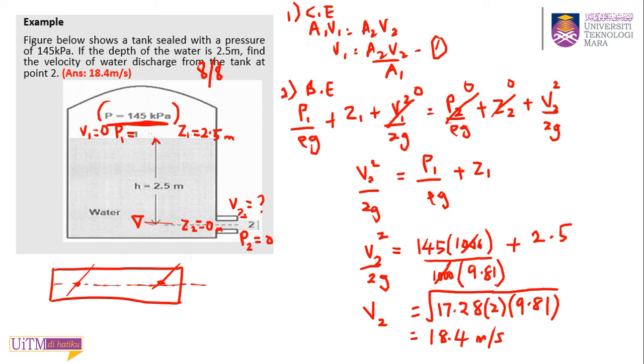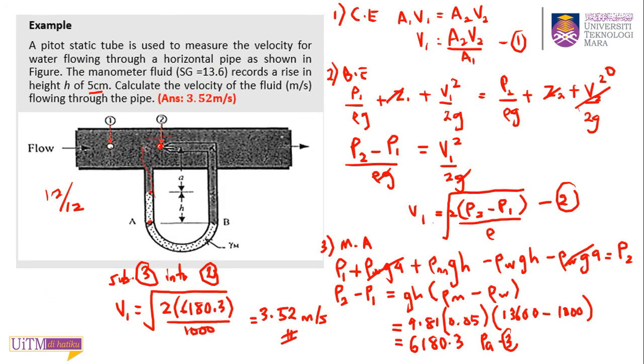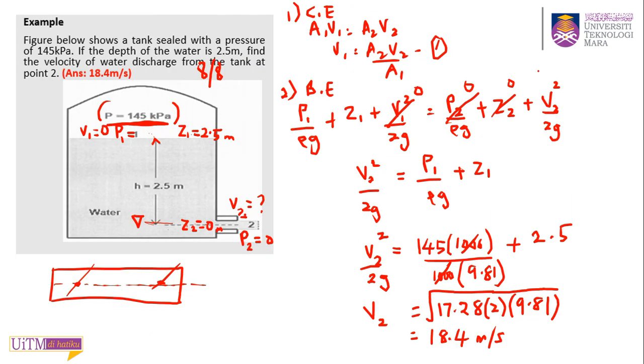Like in this example, z1 and z2 are the same elevation from the reference point. Any point will be the same height. So that means you can cancel out the z term. Okay, so I hope you understand that concept, how to cancel out z.